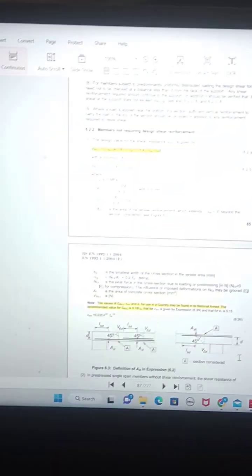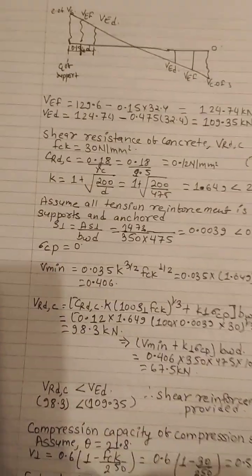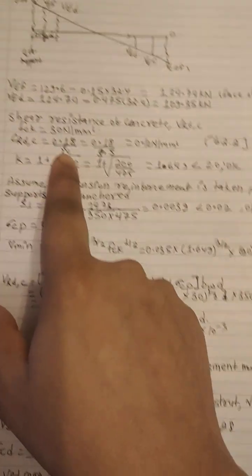So we have the minimum check for the shear resistance from clause 6.2 of the code, and the formula for CRd,c is given by 0.18. Where is the 0.18?